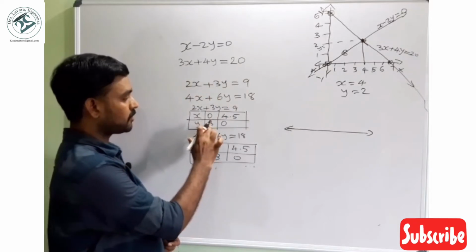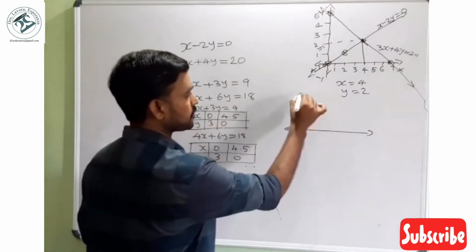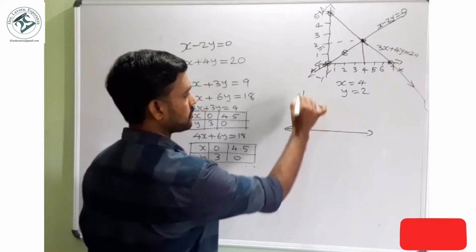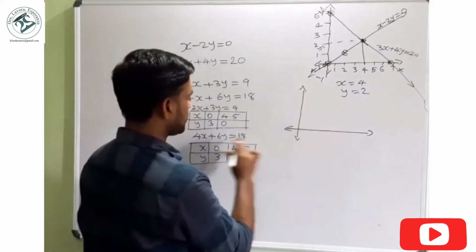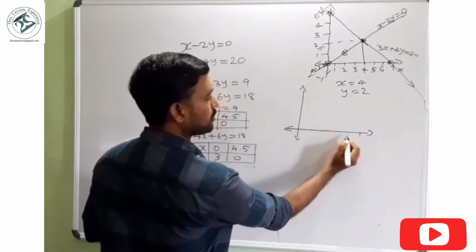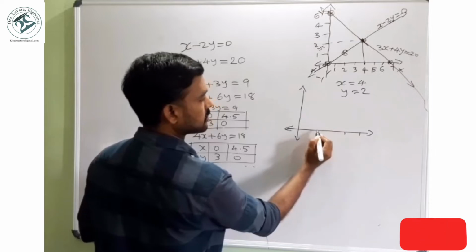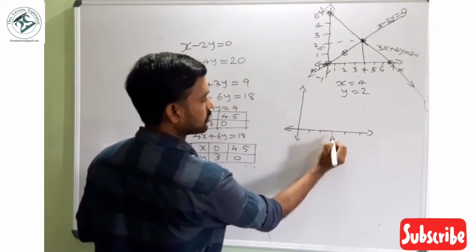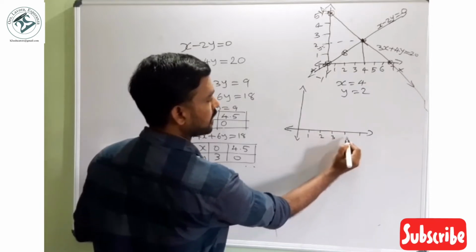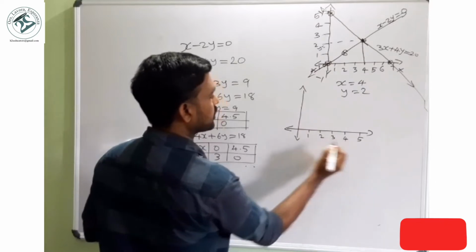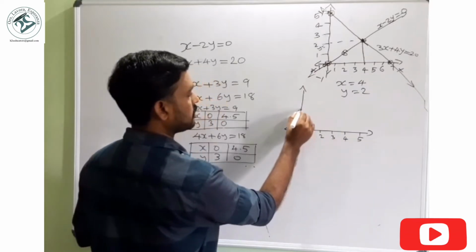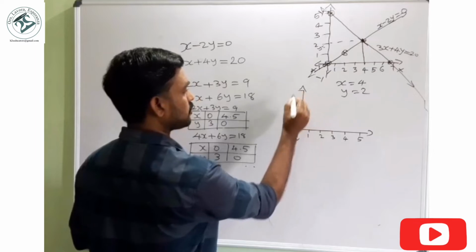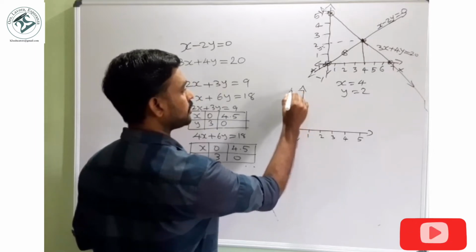In y, the smallest value is 0, highest is 3. For 4.5 we require 5 points: 1, 2, 3, 4, 5.